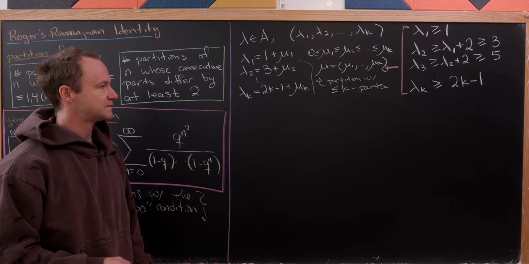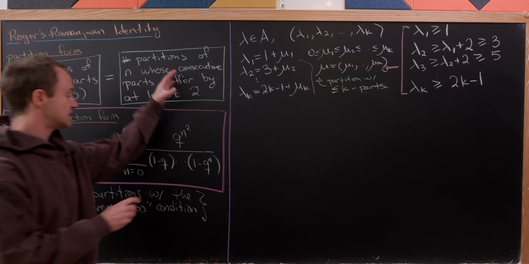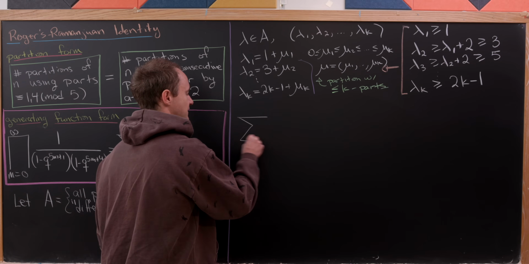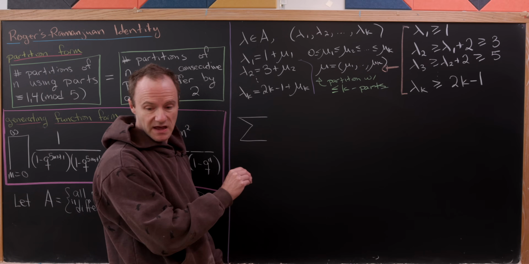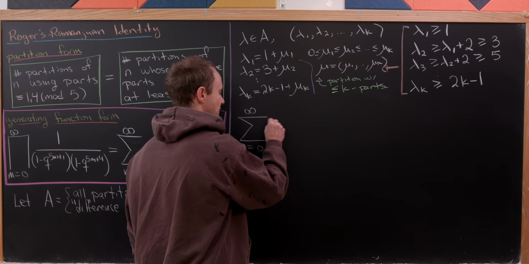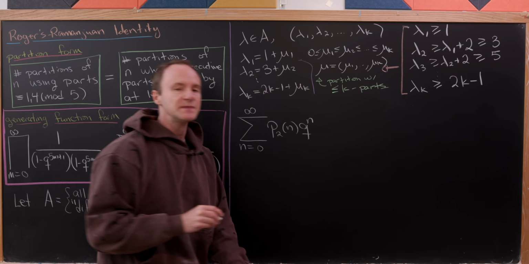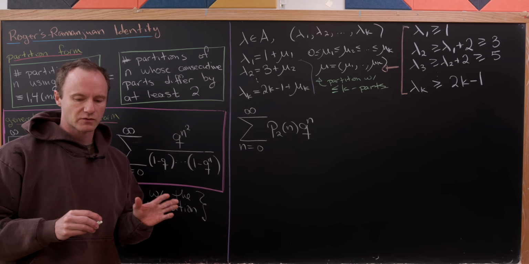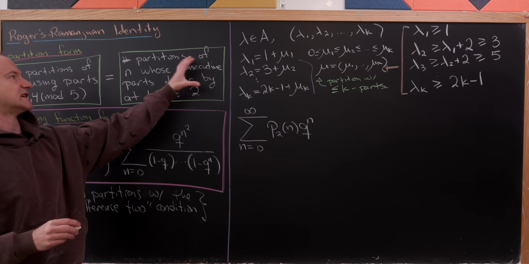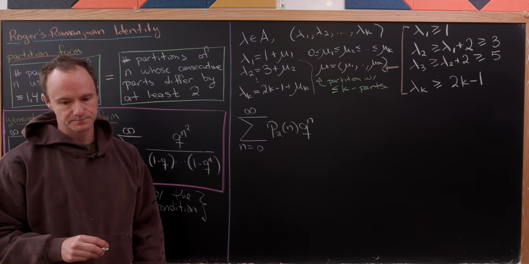Okay, nice. And so now what I'd like to do is do this final calculation. We're actually ready for this final calculation. So let's say we've got this sum as n goes from 0 up to infinity of p sub 2 of n times q to the n. So I didn't introduce notation here, and I'm not going to write this down, but I'll just say that p sub 2 of n represents partitions satisfying this rule right here.